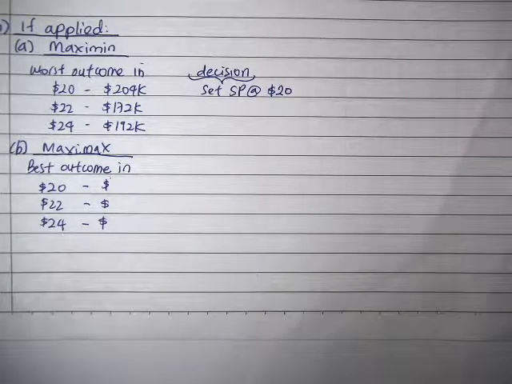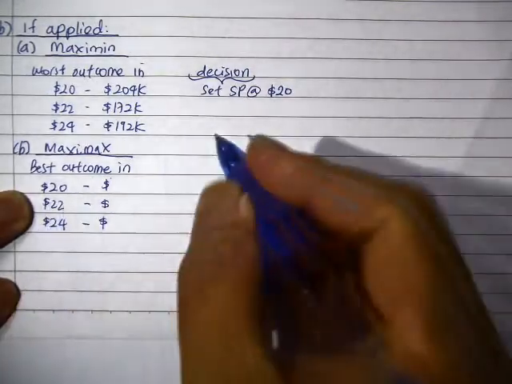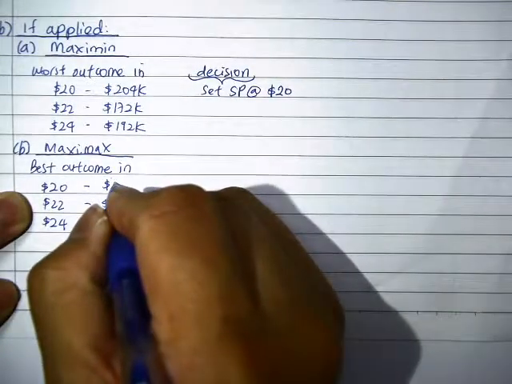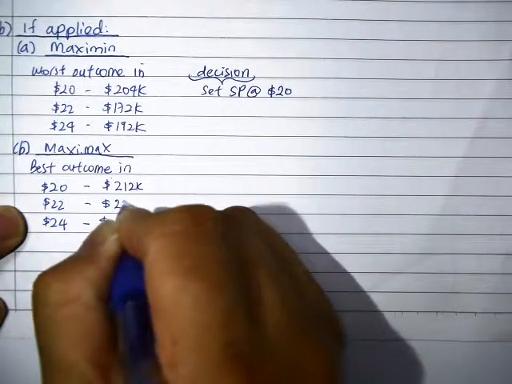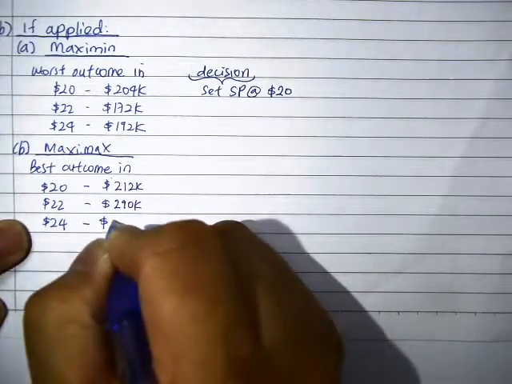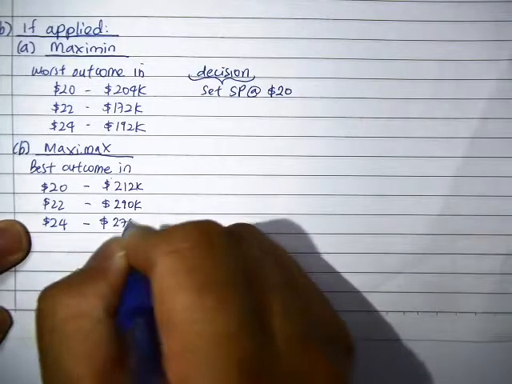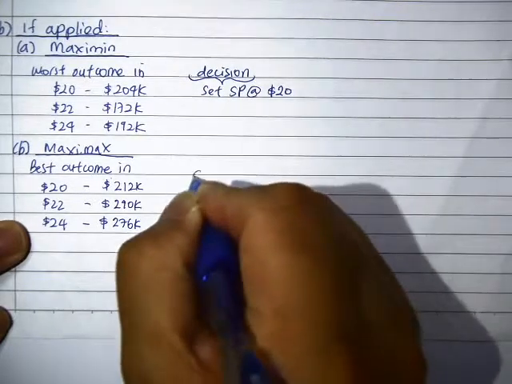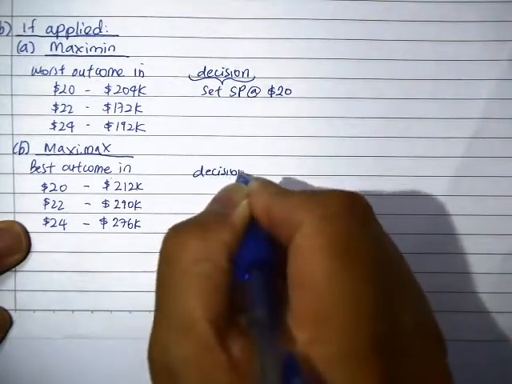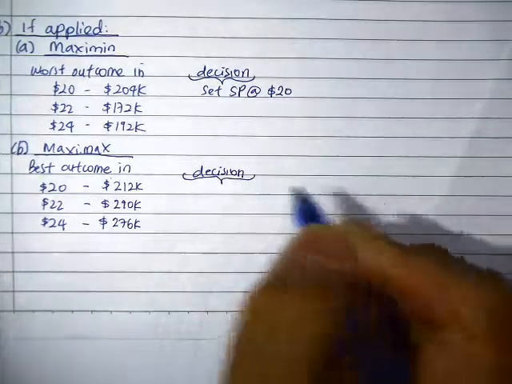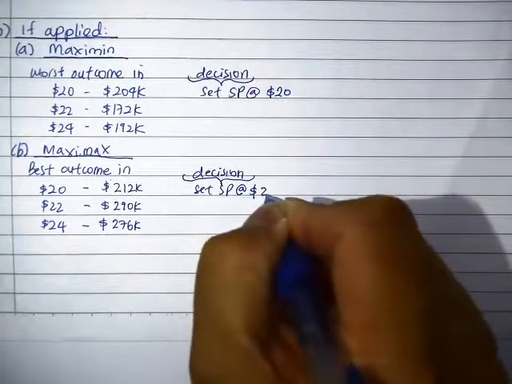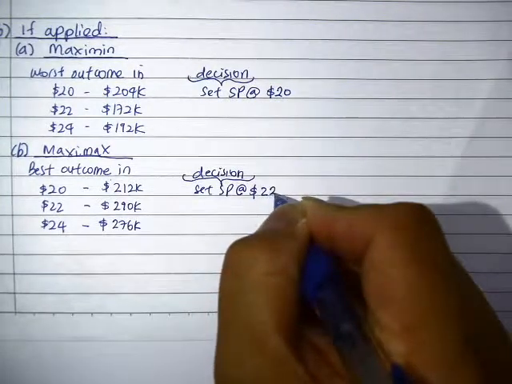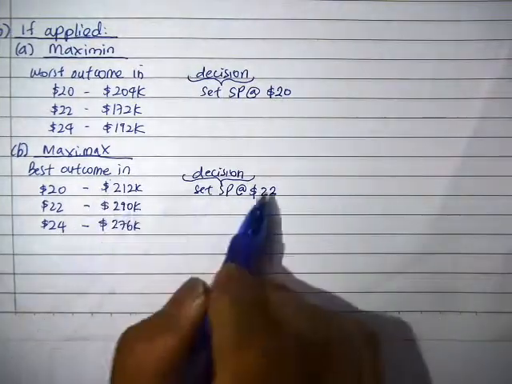Okay. Now, what's the best for 20? 292. Best for 22 is 290, and best for 24 is 276. So the decision will be 20, 22 or 24? Set the selling price at 22. The best of the 3 is 22.